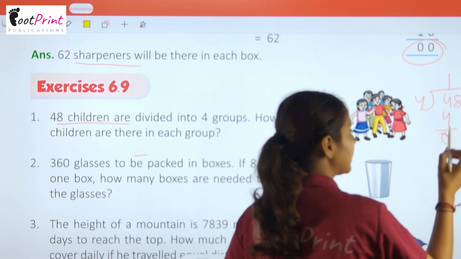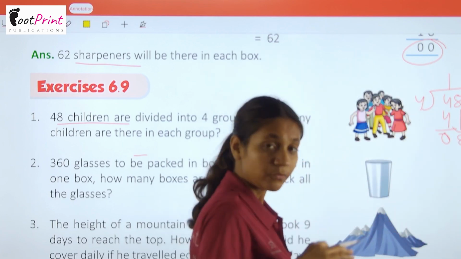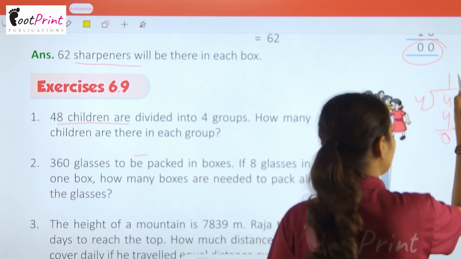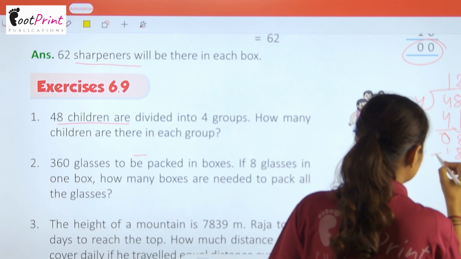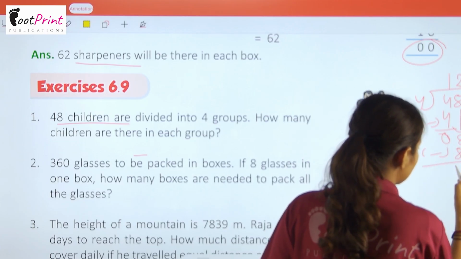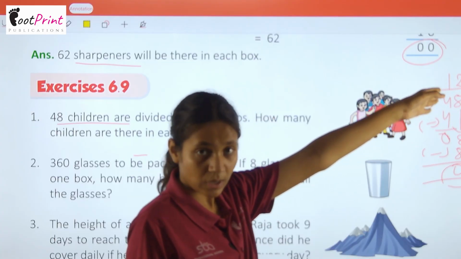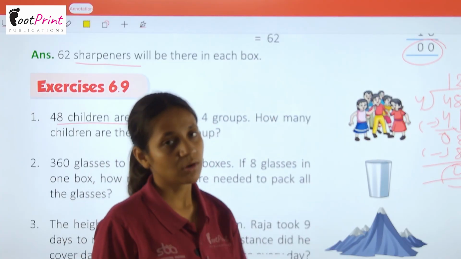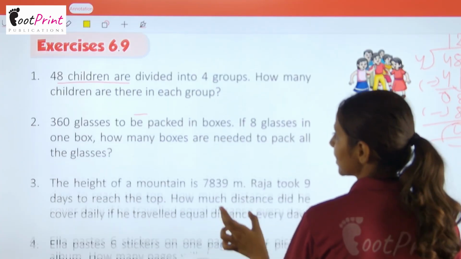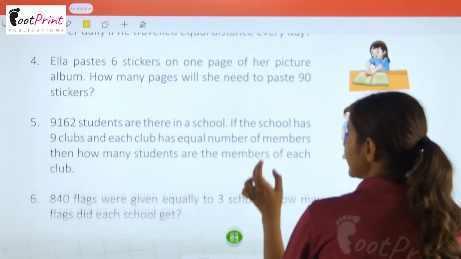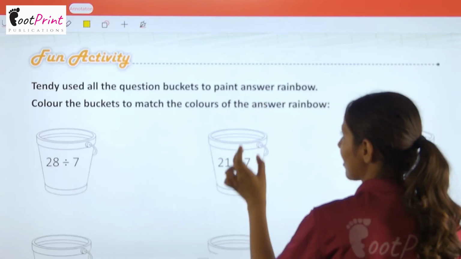Now bringing the second digit here. 8 also comes in the table of 4. So 4 twos are 8. 8 minus 8 is 0 again. As a remainder it is 0. As a quotient we are getting 12, and dividend and divisor were given already. Okay. Similarly, the rest of the part of this exercise you have to do by yourself.